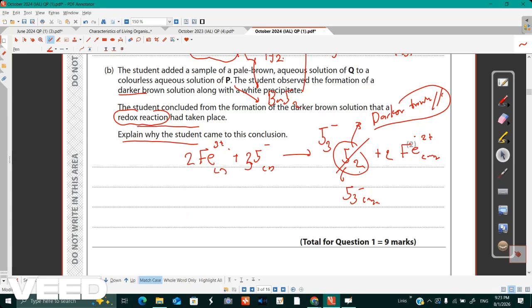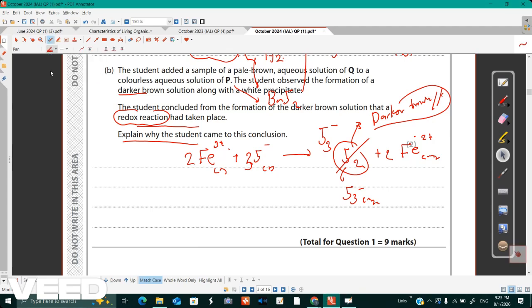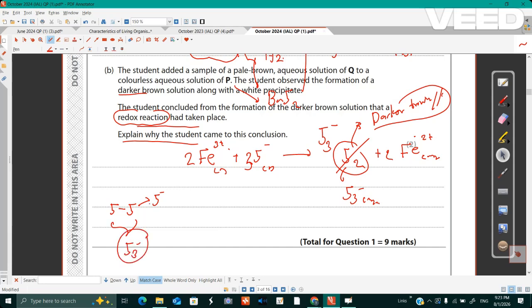I2 is not getting dissolved in the medium; it makes an anion with I minus and gives I3 minus anion. This is soluble. I2 is not soluble.